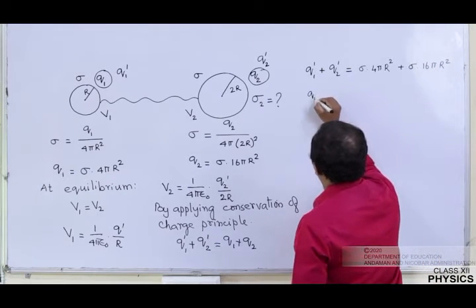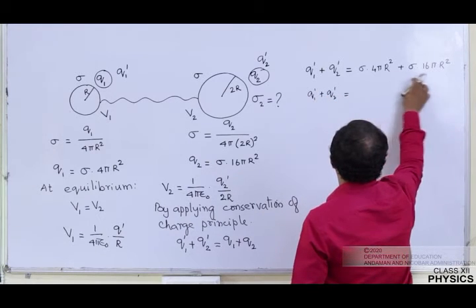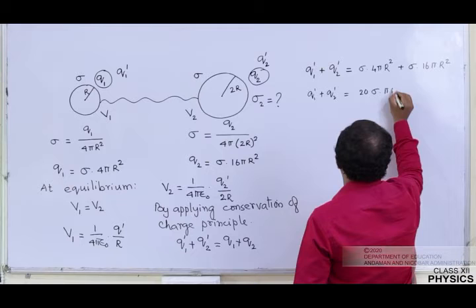Otherwise, q1 dash plus q2 dash is equal to 4 plus 16 is 20, so 20 sigma into pi r square.